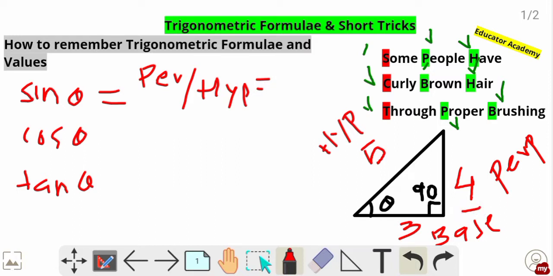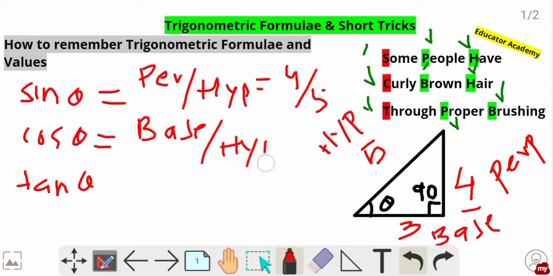So we have recognized their values. Perpendicular is 4, so 4. Hypotenuse, which is given, is 5. Now we have to calculate the cos value. Cos is curly brown hair, so B, the base, divided by H, the hypotenuse. The base is 3, while the hypotenuse which is given is 5, so 3 by 5.